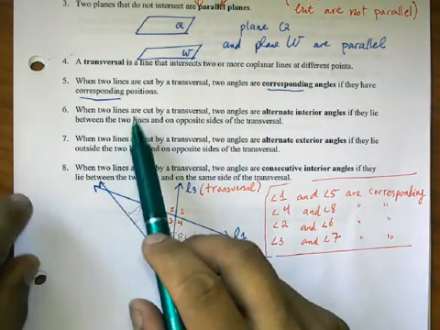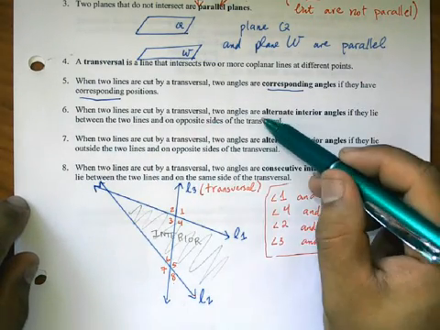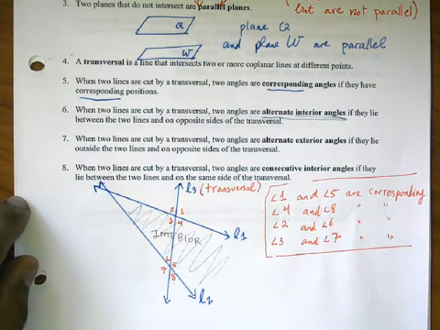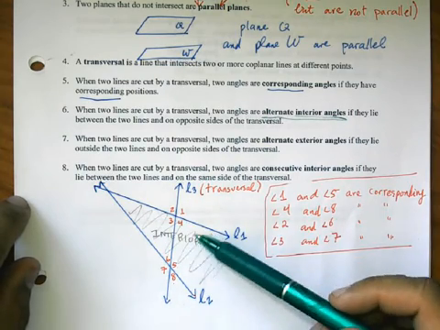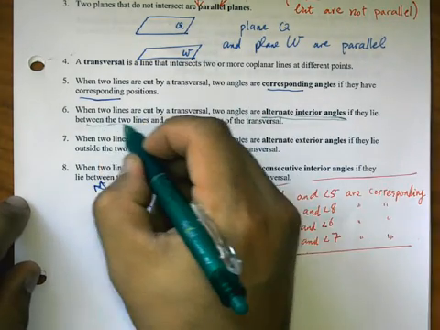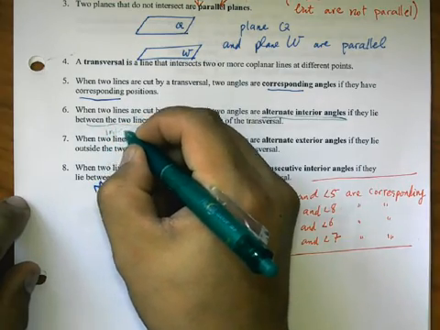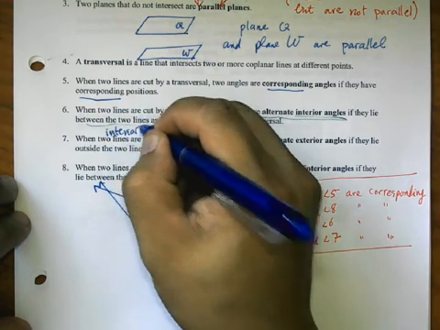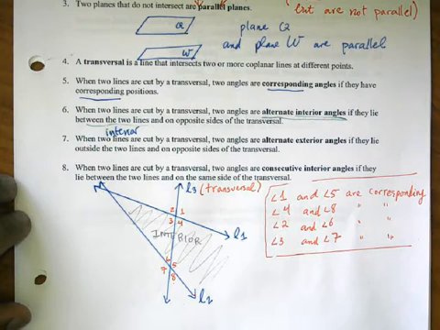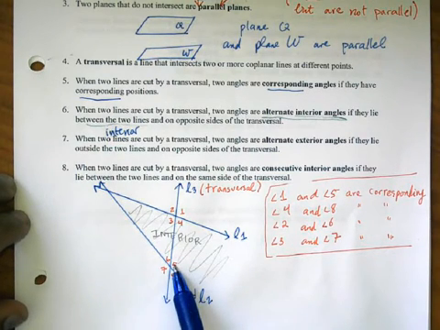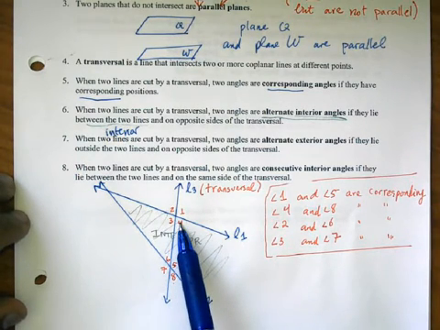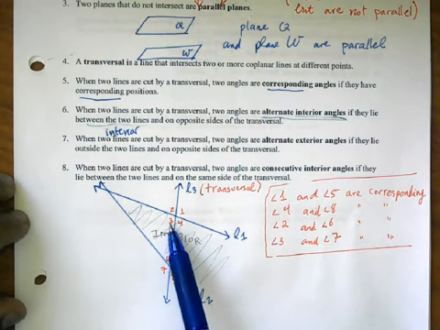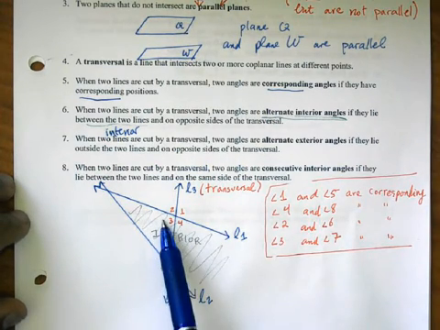So let's see. When two lines are cut by a transversal, two angles are alternate interior if they lie between the two lines on opposite sides of the transversal. So they have to be between the two lines, or in the interior. That's what between the two lines essentially means. It means the interior, and they're on opposite sides. So 3 and 5 are alternate interior. Now you might think, why aren't 3 and 4 alternate interior? Well, they can be by this definition, but they're already linear pairs.